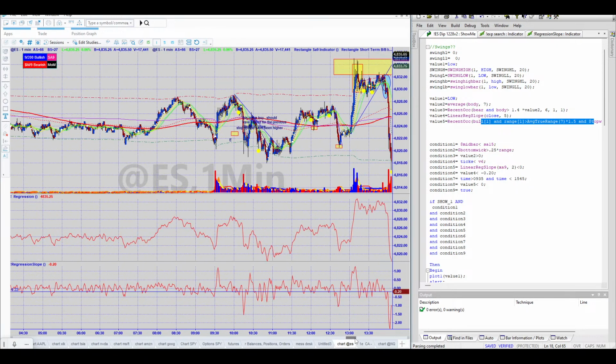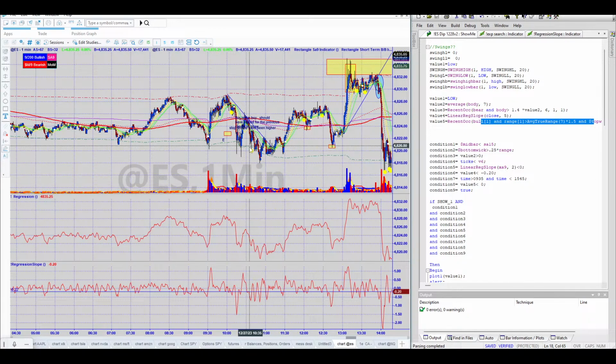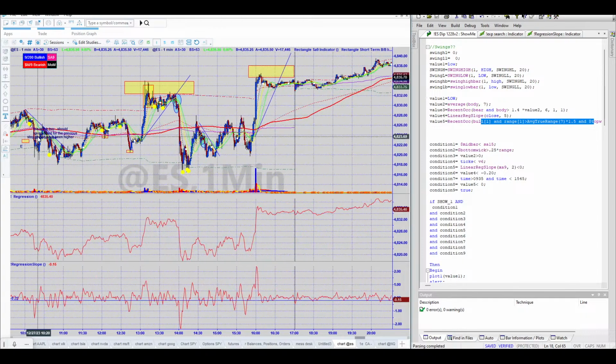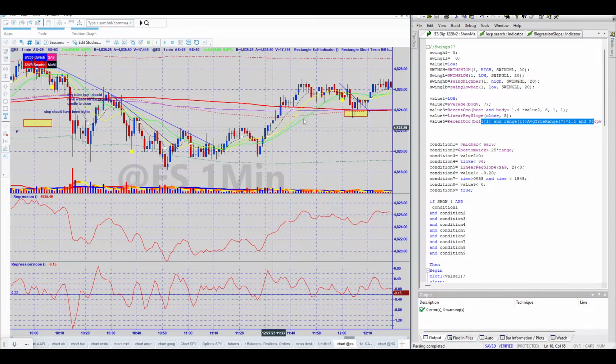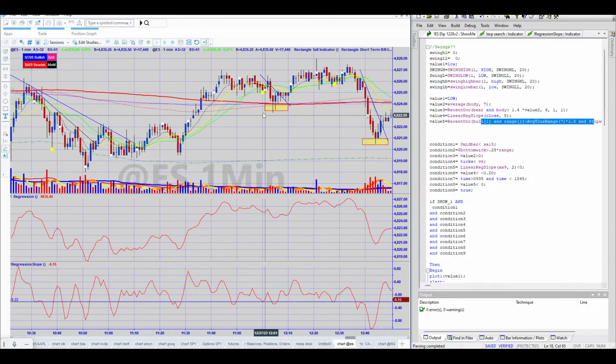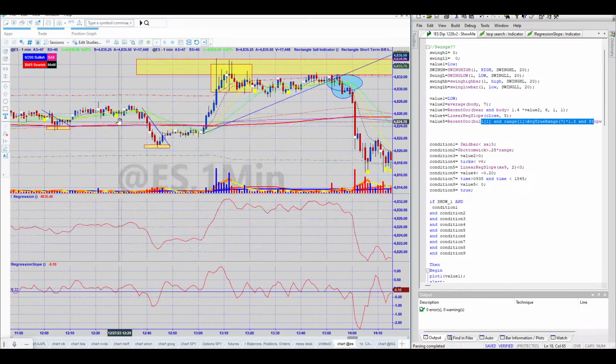How did it fare on this next day? All right, so it caught that pullback, caught that little dip, caught here, caught here. Not so great, not fantastic.